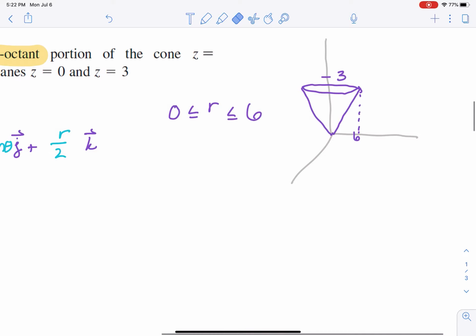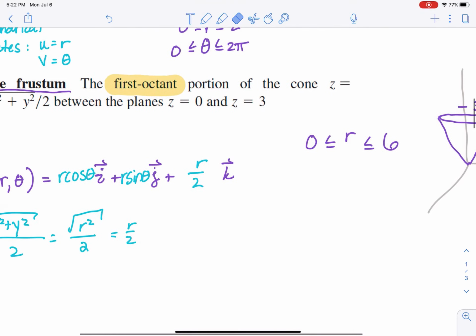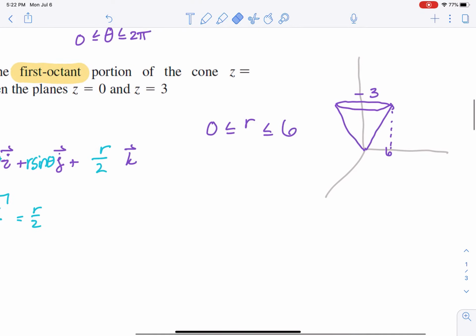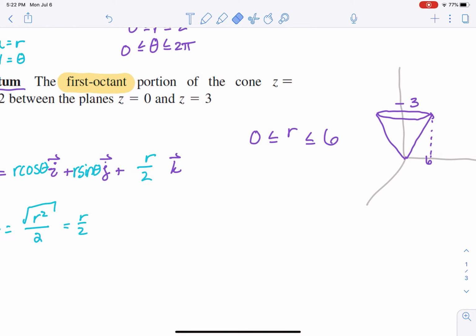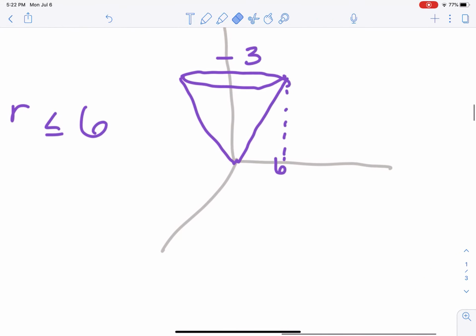And now, this part that I highlighted, my drawing's actually wrong. The first octant portion of the cone means that you just want the portion from the x-axis to the y-axis. So just this eighth of the cone. So really, it would be kind of this cut out.